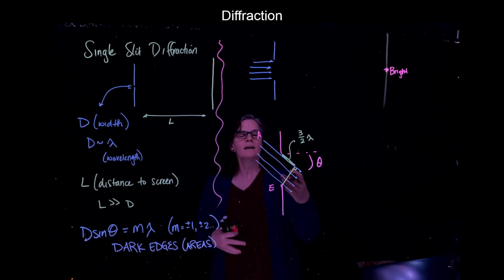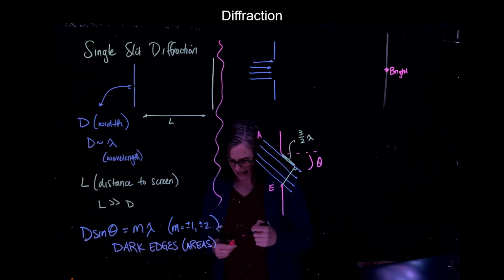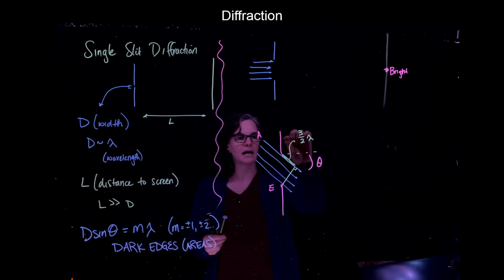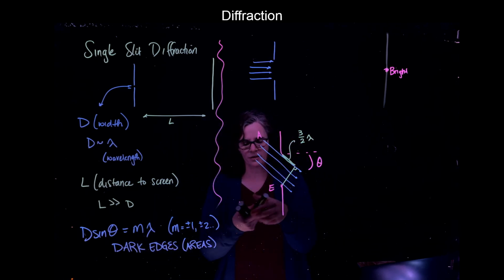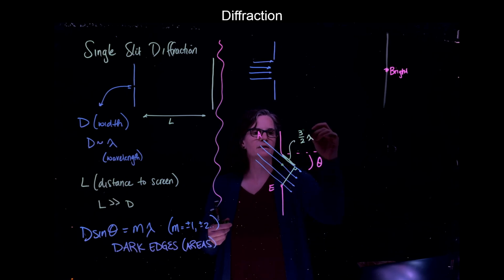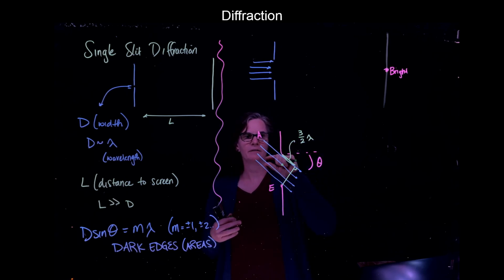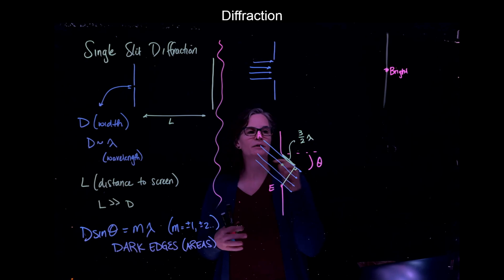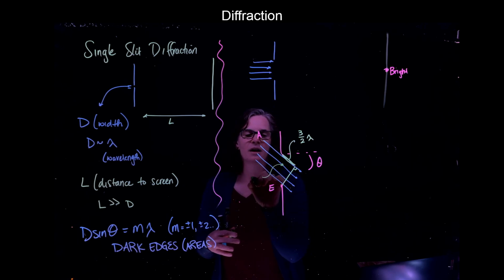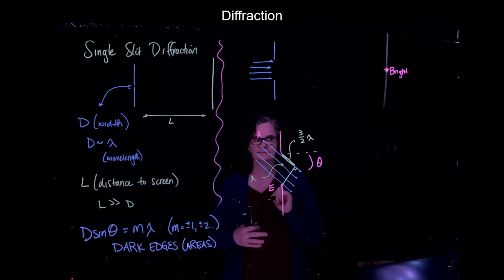Well, between 3/2 and that, the distance traveled is lambda more than 1/3 the way down, right? So if this is 3/2, I have a half. So 1/3 of the way down of this slit, we get to the lambda distance.